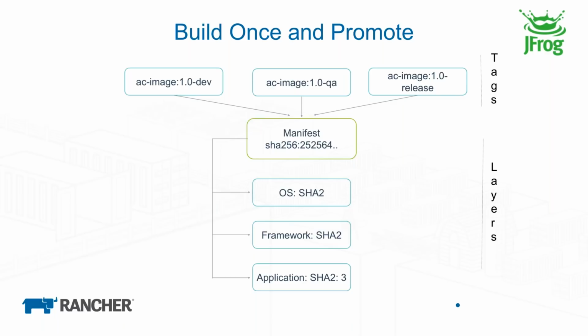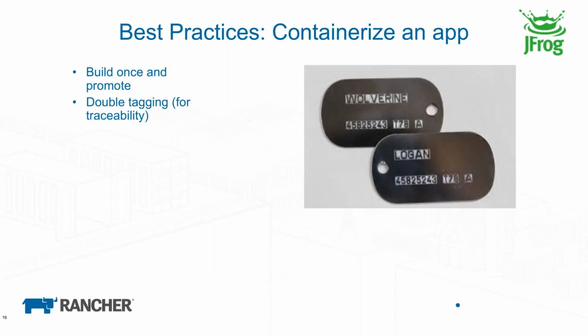Now, as we start talking about these promotion processes and building out Docker containers, traceability is critical. We want to build once and promote, but we also want to make sure that we know what version of the software it was. I've had the experience, many years ago, of having 2 CDs with software, which tells you something about how long ago it was, with the same version number on them.